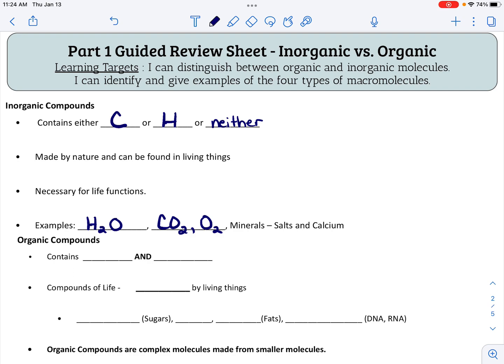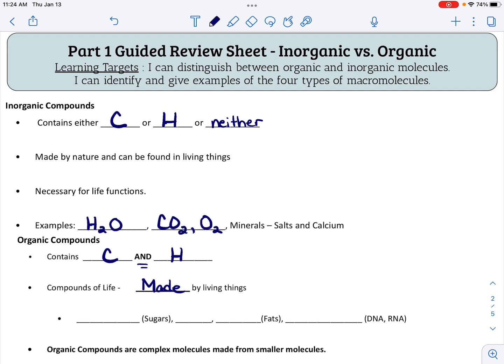So that means organic compounds contain carbon and hydrogen. There are some exceptions to this rule, but for the most part, things that have carbon and hydrogen are considered organic. They are compounds of life that are made by living things. Not that they can just be found in our environment and we use them, but we can actually make these.